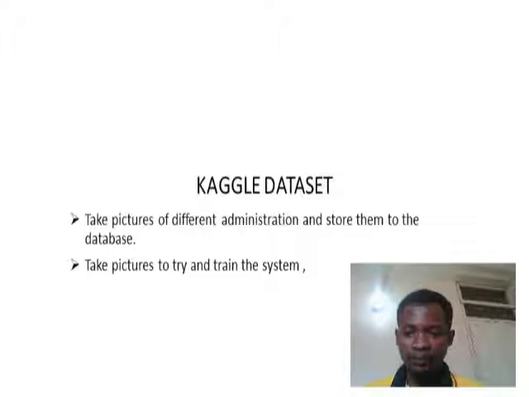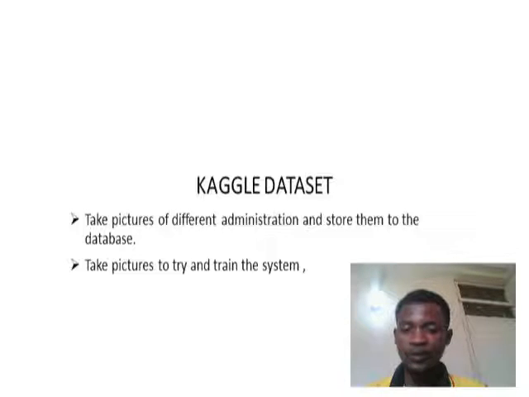In this kind of system, as we are working as administration staff, we are going to take pictures of different administrators to train our system and store them in our database, so that whenever those people come to the system, it can capture their face and give them access to lock and unlock the system.